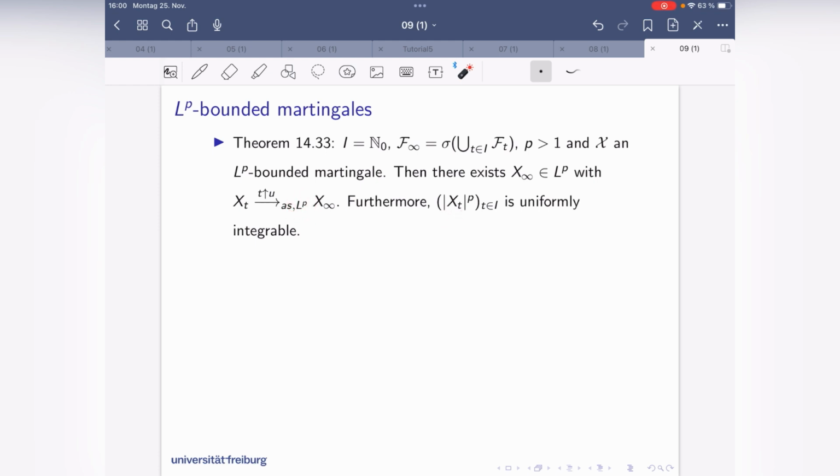And then xt to the power of p is uniformly integrable. Yeah, LP boundedness implies uniform integrability. So x is uniformly integrable, which means I can apply the last result here. So xt goes almost surely and in L1 to x infinity.